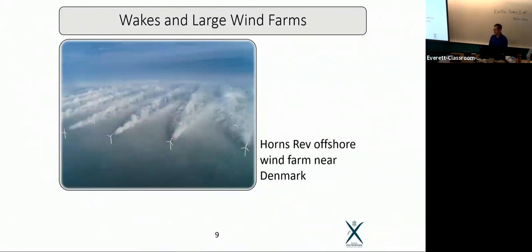You could really see the turbulence and the velocity deficit of the wind farm on the wind turbines behind it. The wind happened to be going in a direction where you can see all the wind turbines that are not in the front row are in the wake.